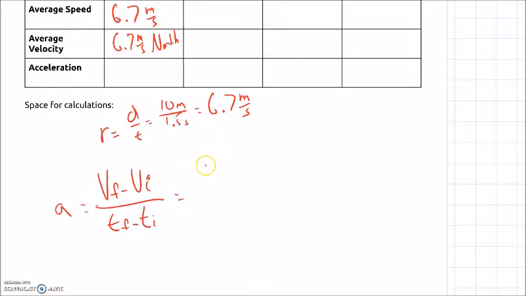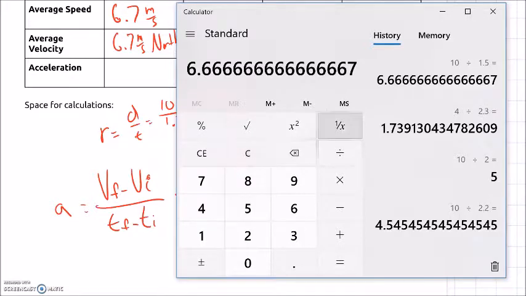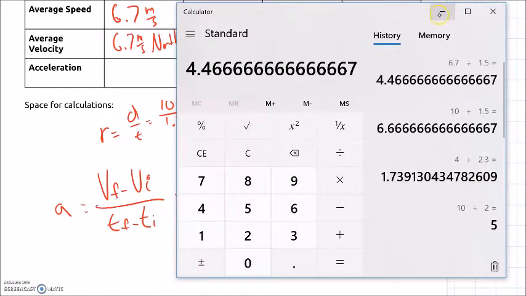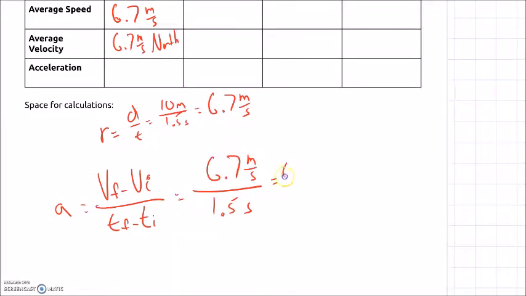So our v final is 6.7 meters per second divided by 1.5 seconds, and what we get is 6.7 divided by 1.5, 4.5 meters per second squared. 4.5 meters per second squared. Go ahead and fill in the chart there.